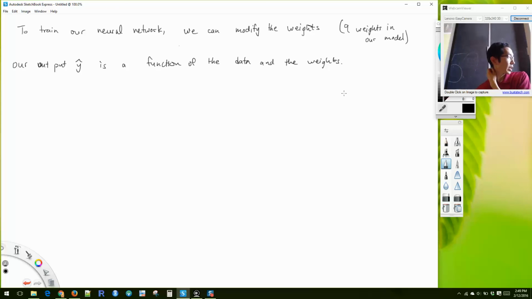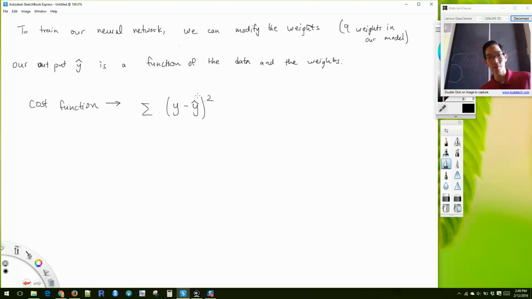What we're going to do is we have a cost function, and the cost function is going to be the difference between our prediction and the actual value here. We'll square it and we'll add them up.